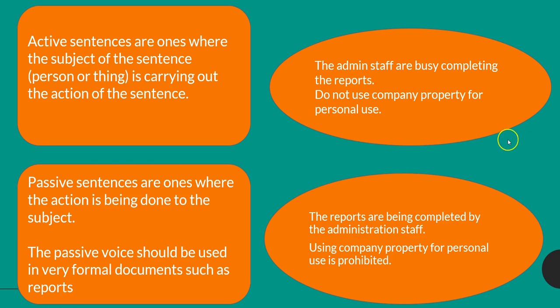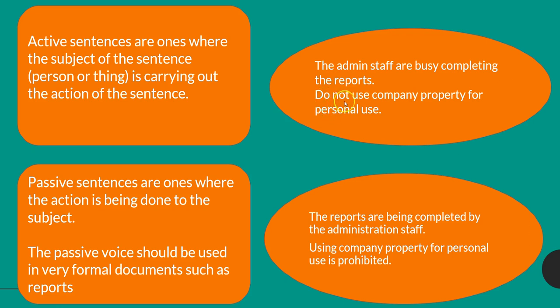So if we look on the right here, the admin staff are busy completing the reports. So the subject are the admin staff, and the action they're doing is completing. And we can see clearly there that the admin staff are the ones doing the action of completing.